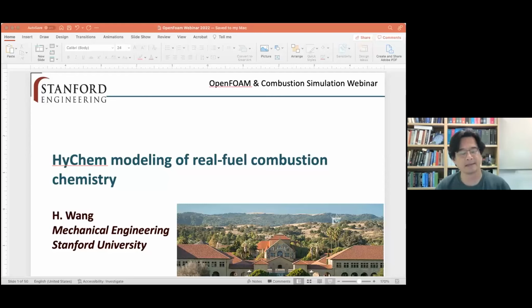And all of the data of this work comes from my colleagues, Ron Hanson, Tom Bowman at Stanford, and Fokion Egolfopoulos at USC, Ken Brezinsky at UIC, and the model reduction was all done by Tianfeng Lu.